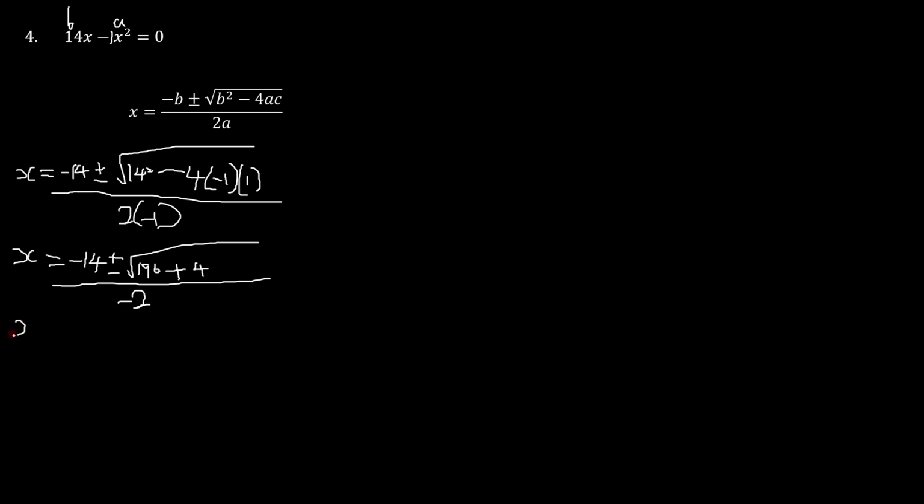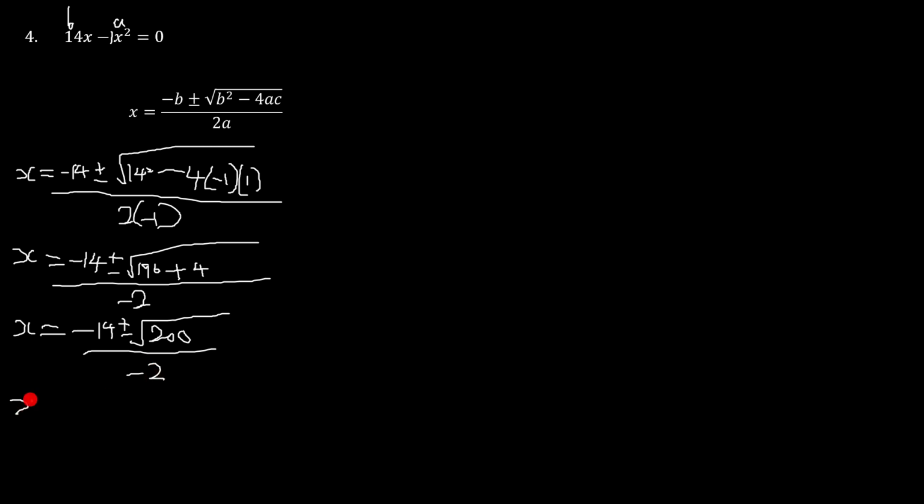So we say x is equal to minus 14 plus or minus the root of 196 plus 4 is 200, all over minus 2.